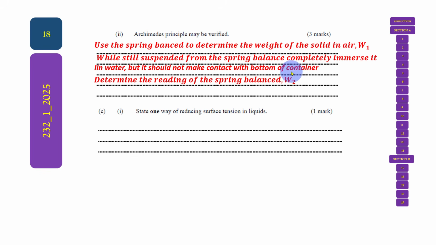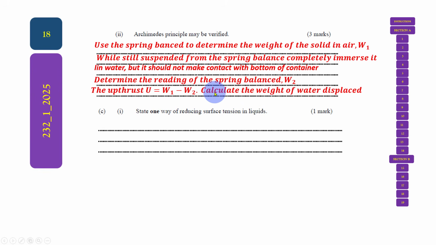It is its apparent weight. This is its weight in air, or its actual weight. The difference between the two will give you the upthrust on the solid. So the upthrust U is given by W1 minus W2. Then calculate the weight of water displaced.